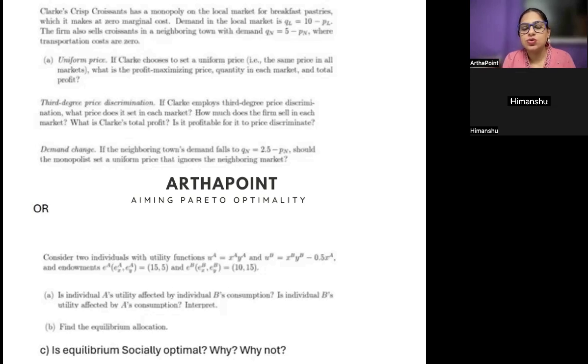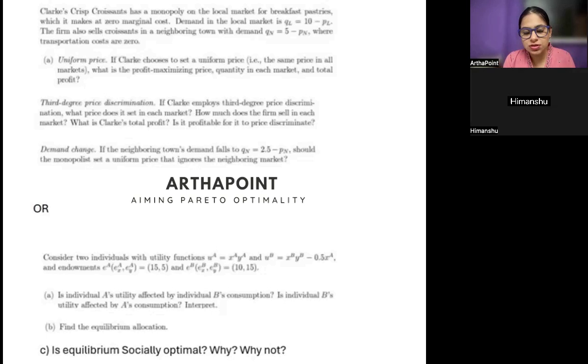This is two separate markets. So you will find MR1 equals MR2. The cost is the same because I am producing the same product, but I will be able to charge different prices because the elasticities in the two markets differ. So I will equate MR1 and MR2 to MC and find the price. In this case, it will be more profitable compared to the uniform price. Yes.